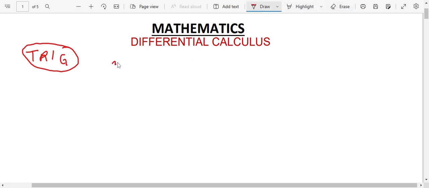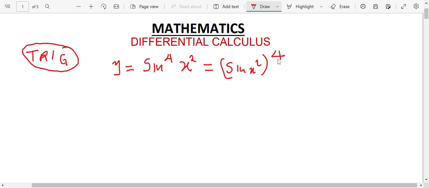Let's say it is y is equal to sine to the power 4, and then you have got x squared. This is what you want to differentiate. Remember, if you've got sine to the power 4 x squared, this is the same as sine x squared and then to the power 4.